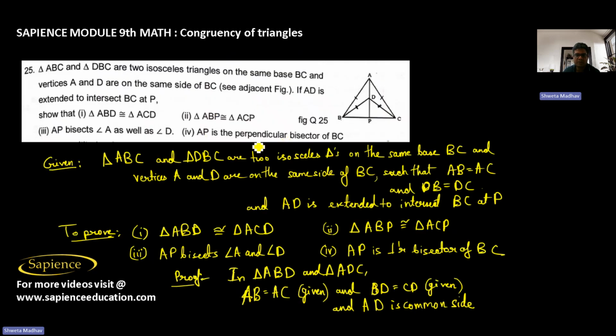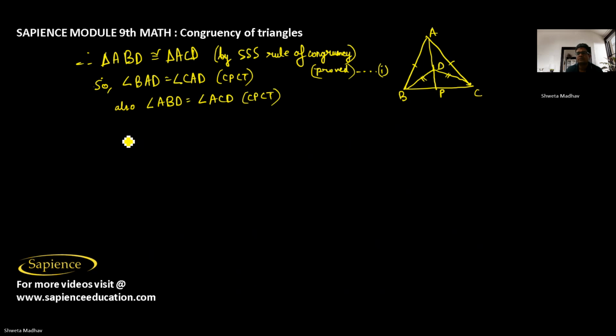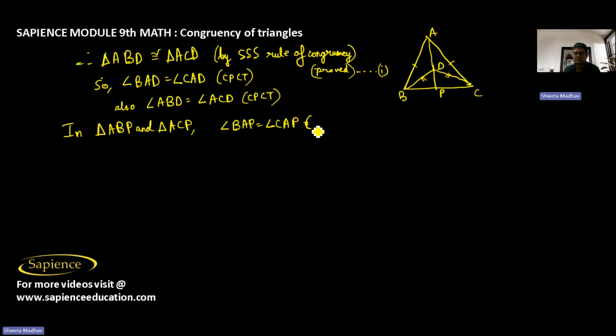Then ABP is congruent to ACP. Now in triangle ABP and triangle ACP, angle BAP is equal to angle CAP. Since we have shown BAD is equal to CAD, so it means BAP also will be equal to CAP. So I will say it is proved earlier.